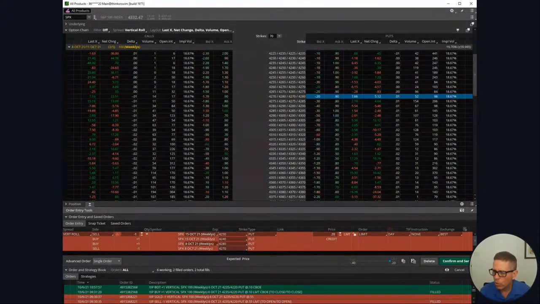Do you roll to make a credit? Actually, I do roll to make more credit, and I probably will with this one that was threatened, if the market continues moving up, because you can. And if you have a market that's bullish and moving up, I do this with the monthlies a lot, and I would recommend looking at my monthly trade.